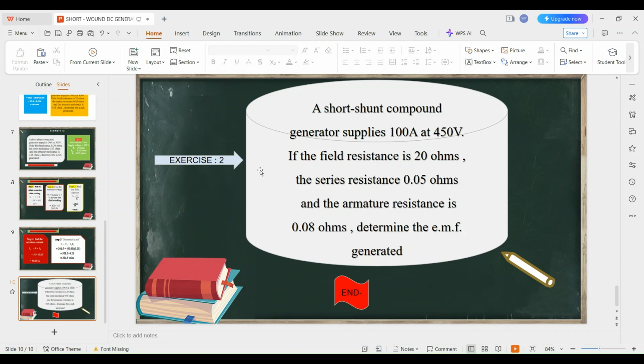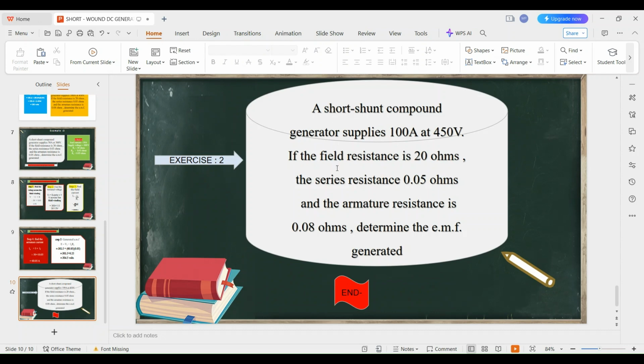Let me just rewind the video and state the steps when looking for EMF generated in a short shunt compound generator. Step number 1 is to look for the voltage drop across the load resistance. You look for the terminal voltage, you look for the IF, the field current, you look for the armature current, and now you look for the EMF generated.